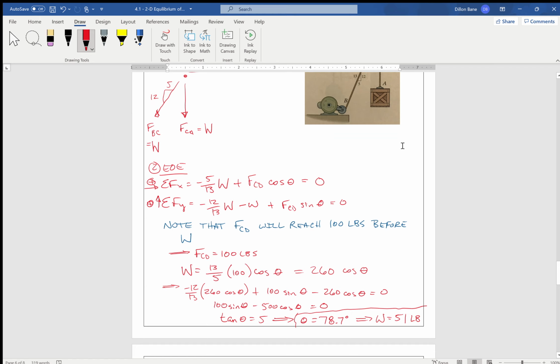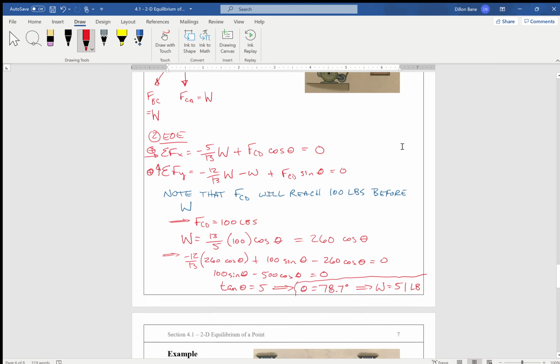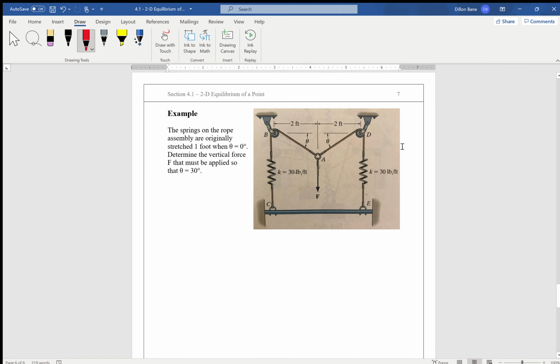So let's move on to the next problem. We've still got 2 problems left, and we'll start looking at this problem.